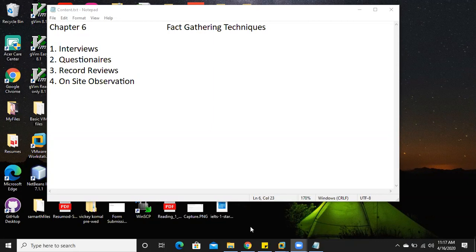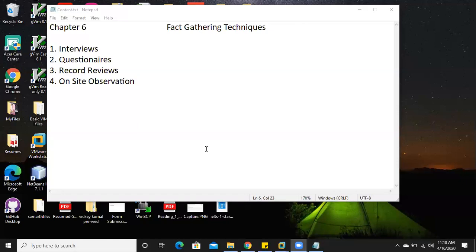After analyzing all those things, if there is any important task we have to perform, or any decision we have to take, we take it on the basis of the facts we have gathered with these techniques.